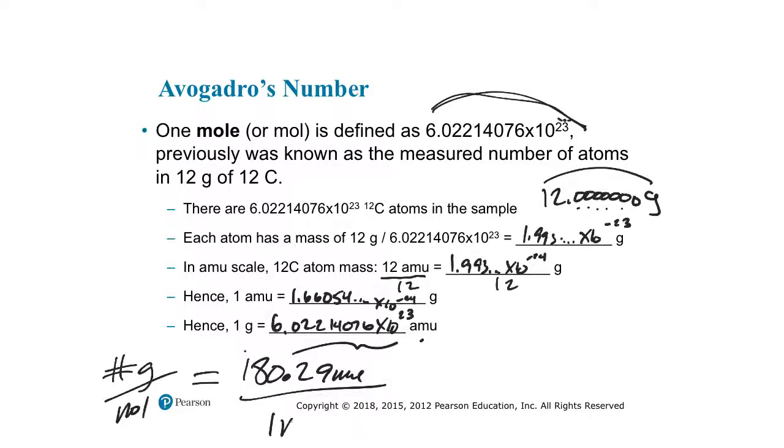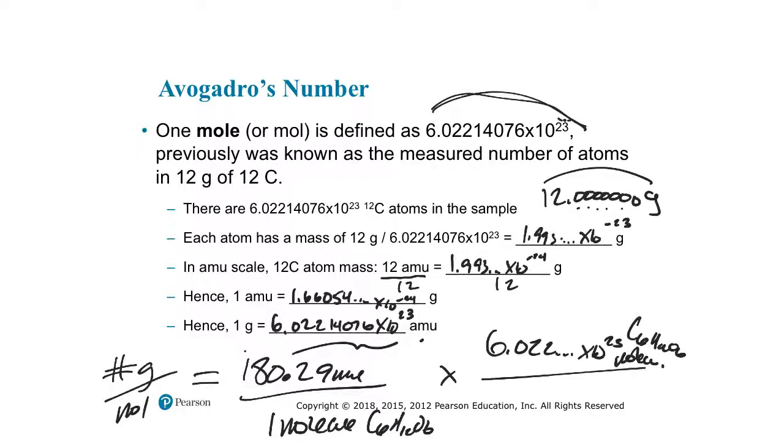That's the mass of one molecule of C6H12O6. Then what we might do is say, okay, you have an Avogadro's number of molecules of C6H12O6, and 1 mole of that substance.